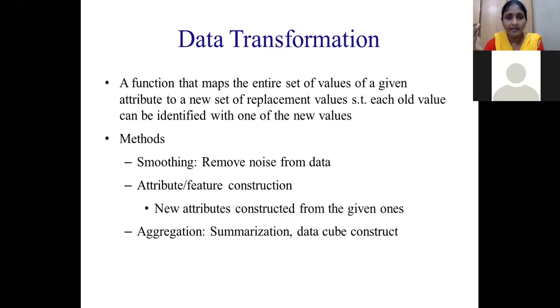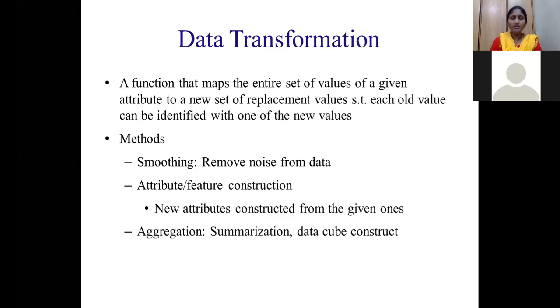But that same company has branches in other countries also. So for the same mobile, they will represent the price in another country's currency. They may represent dollars, or pounds, or euros, whatever currency is available in their country. Based on their country, they will represent that product cost in a different manner.